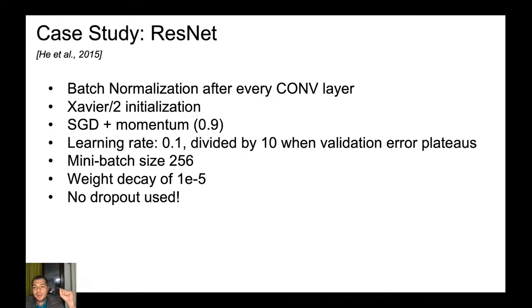They trained with stochastic gradient descent with momentum, just as AlexNet and VGG and previous network architectures. They started with a learning rate of 0.1, which was divided by 10 when the validation error plateaus, just as other models. They slightly increased the mini batch size, and as I said before, they didn't use any dropout.